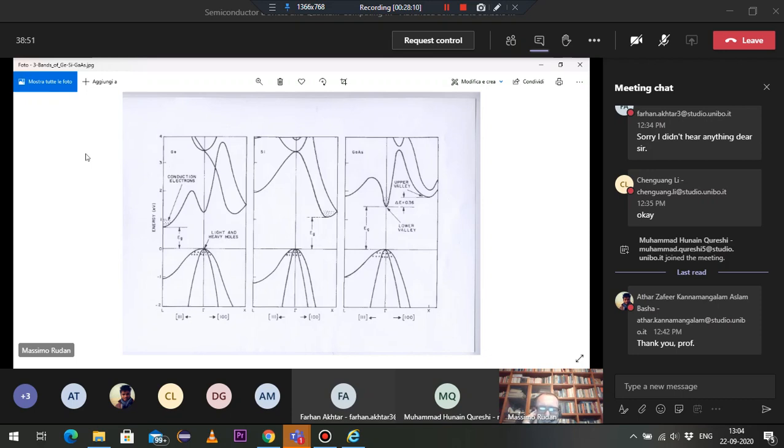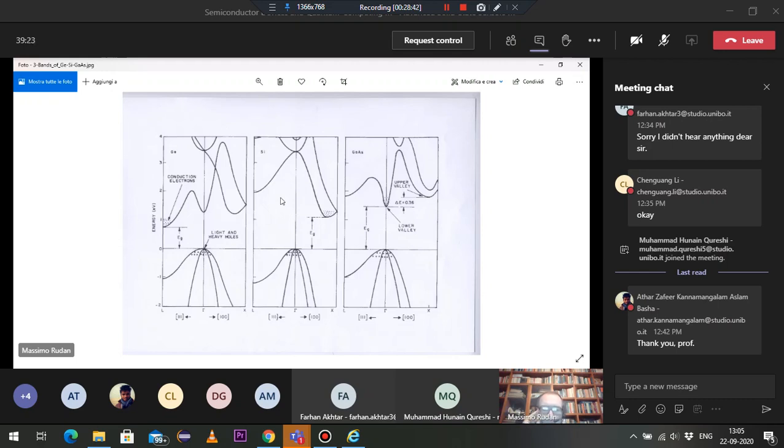So these three figures show the shape of the conduction and valence bands of silicon. Silicon is shown in the middle of the figure. Germanium is shown on the left, and gallium arsenide is shown on the right.